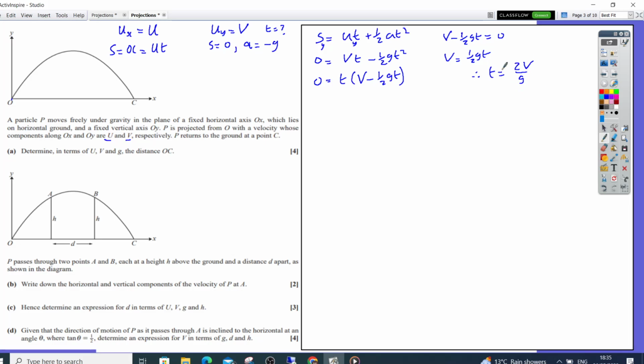So once we know that time, we can go back here and find out OC, which is going to equal U, and there's the time, 2V over G. Then my answer is going to be 2UV over G. So that is this one done.